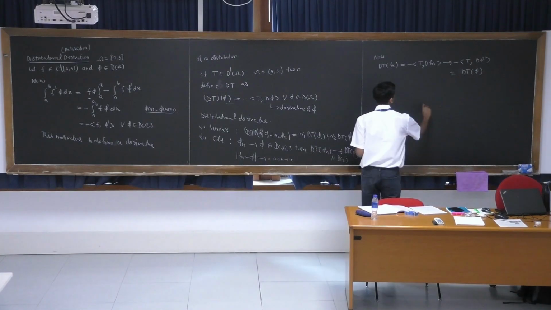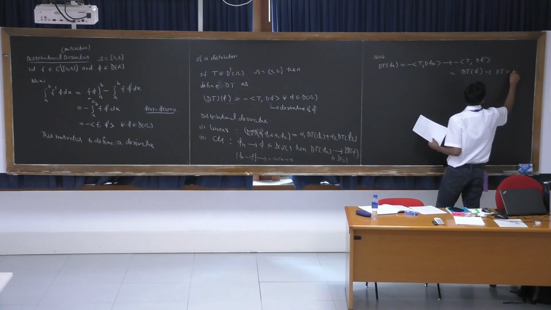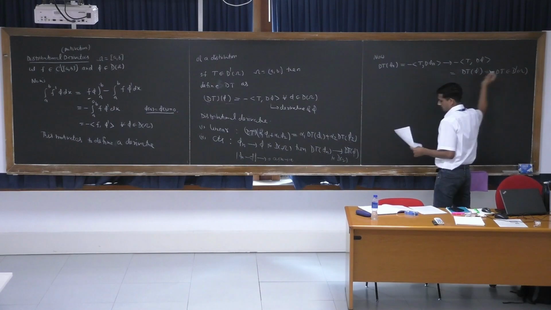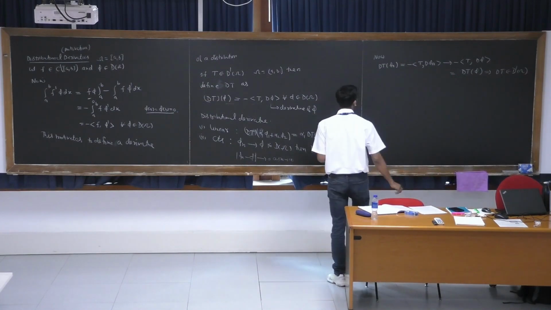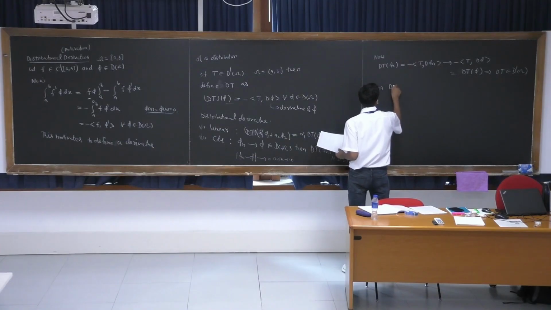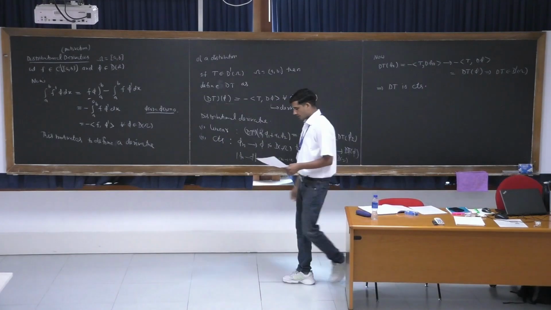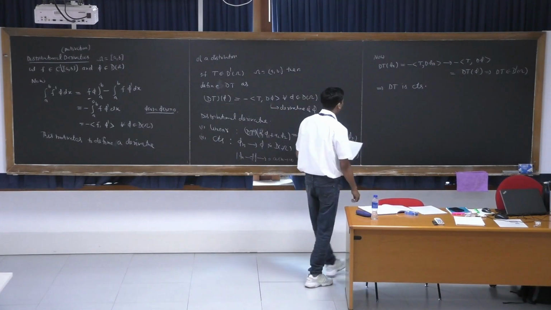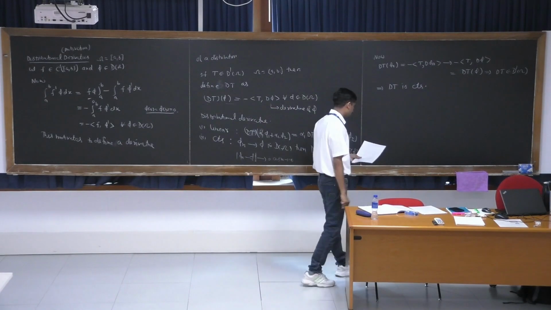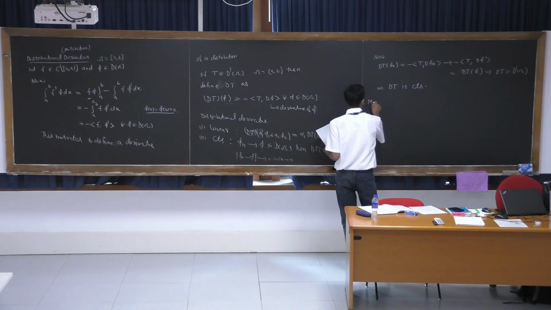So this means dt belongs to D dash of this. Hence we can say that dt is continuous.